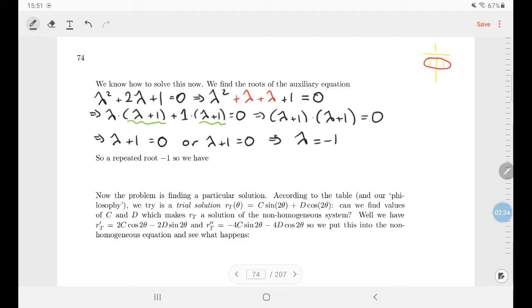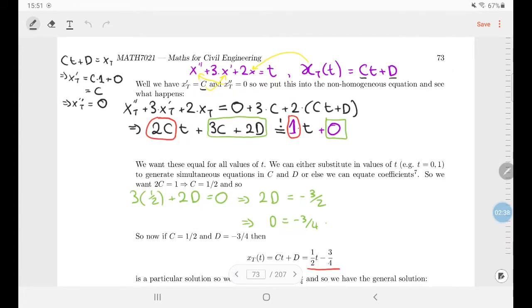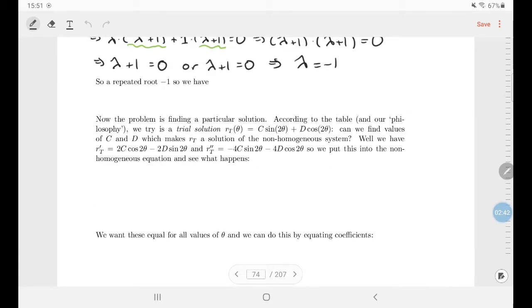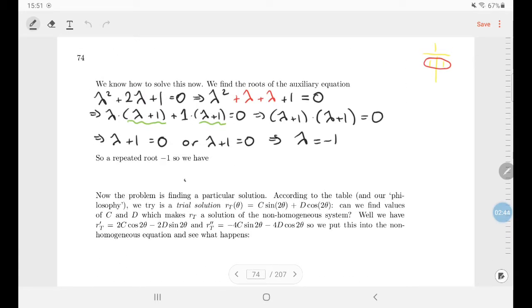So for the repeated root, just be careful, we're not dealing with t, we're dealing with theta. So we've got e to the minus 1 theta, and we multiply that by A, and we're tempted to do B multiplied by e to the minus 1 theta.